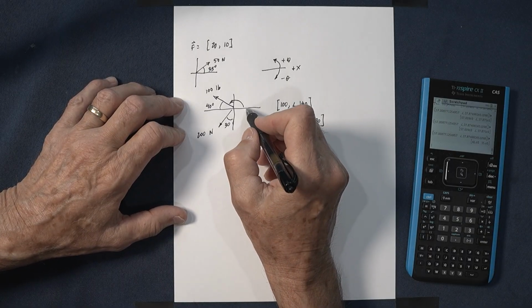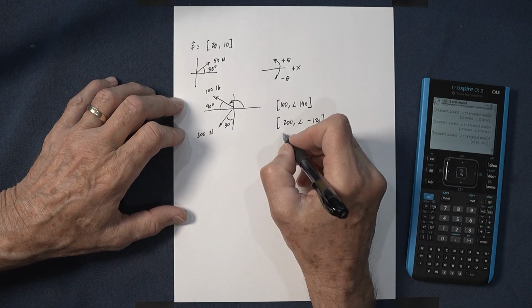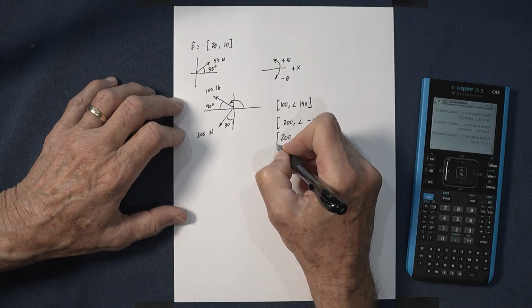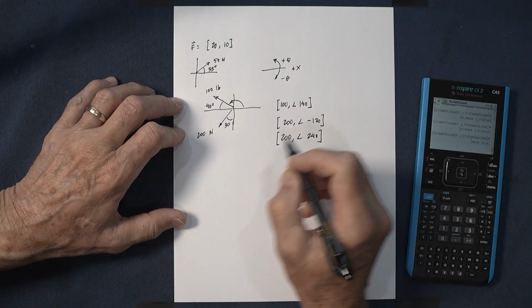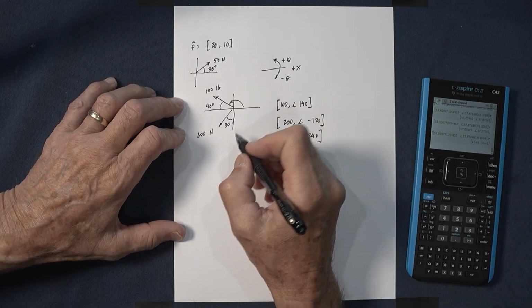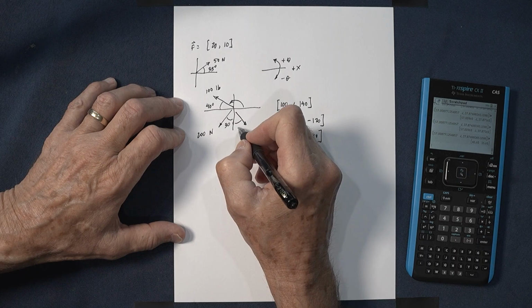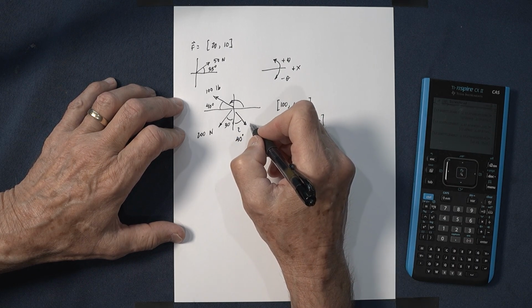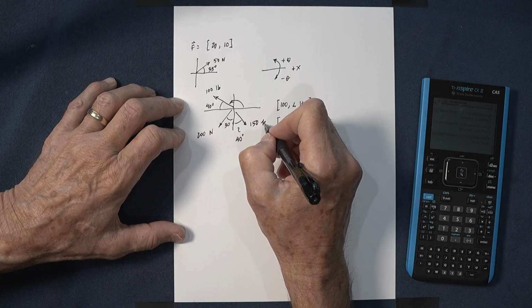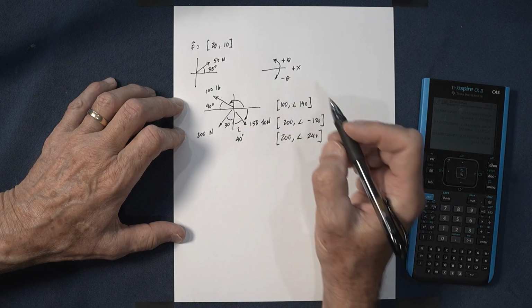You could also enter it as 180 plus 60, which is 240. So you could also enter it as 200, angle 240, and that's the same vector. A vector down here that's 40 degrees from the negative y-axis, and it's 150 kilonewtons, is negative 50 degrees.